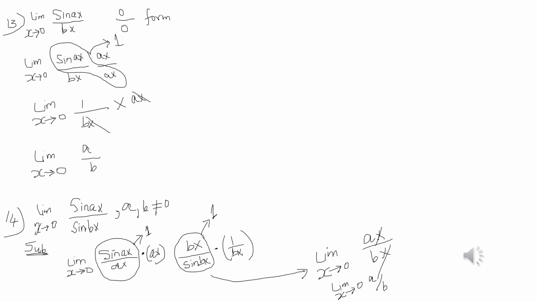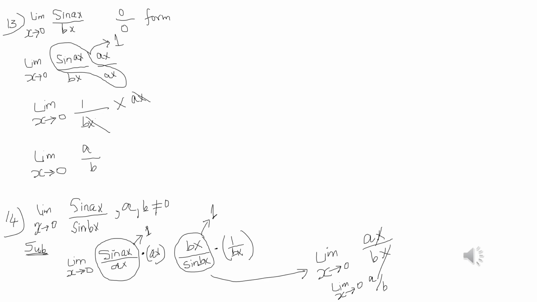Moving to question number 13, which says: limit x approaches 0 of sin ax divided by bx. When directly substituting x = 0, sin 0 is 0 and b into 0 is 0, that is a 0 by 0 form. Here again we need to simplify. We learned a simple formula in our previous trigonometry chapters, which says sin ax divided by ax gives the answer 1.